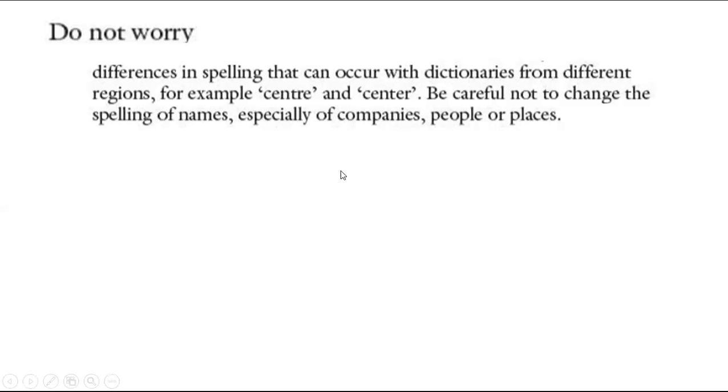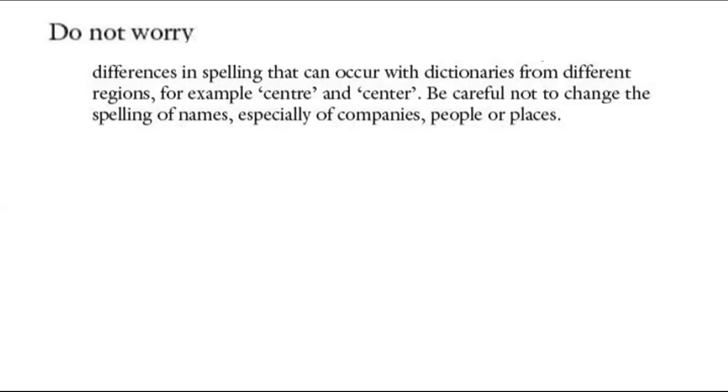In British English, we have to care about the spelling that is used in Britain. As far as American English is concerned, we write, for example, COLOUR and color. These spellings are related to British English.